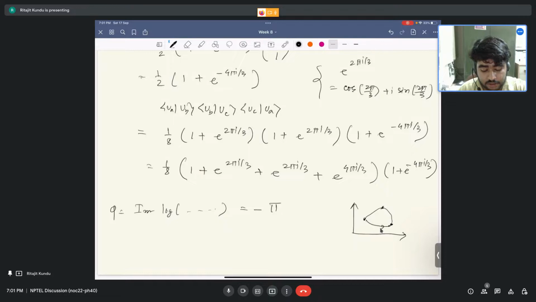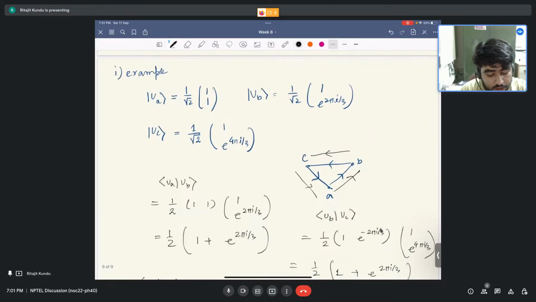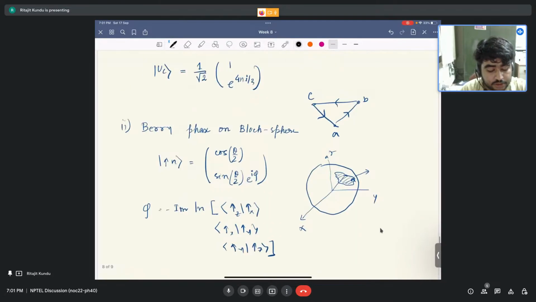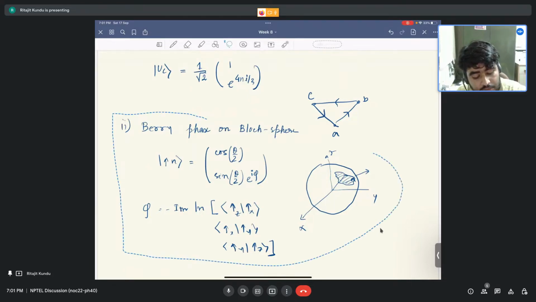We can look into another example which is also very interesting. This is called Berry phase on a Bloch sphere.